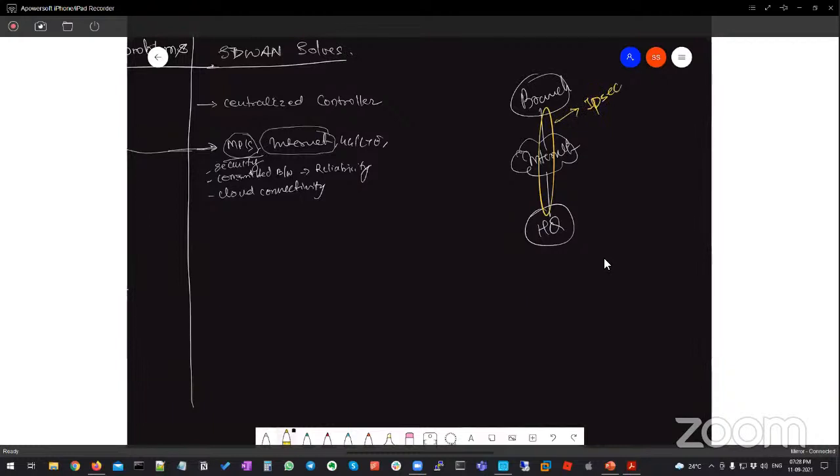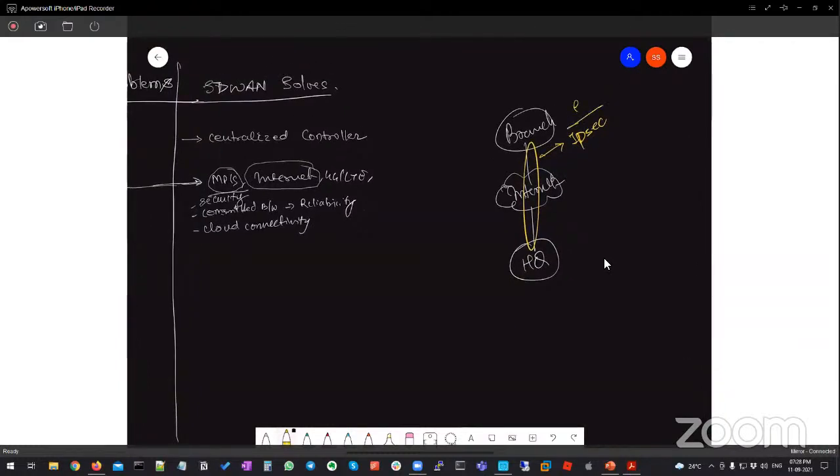Okay, it can create either IPsec or GRE. If you want to use GRE, you can do a GRE tunnel, but no one uses it because GRE traffic is not encrypted. But IPsec traffic is encrypted. So in 99% of cases you will find IPsec. So the IPsec tunnel will be created automatically without any configuration.